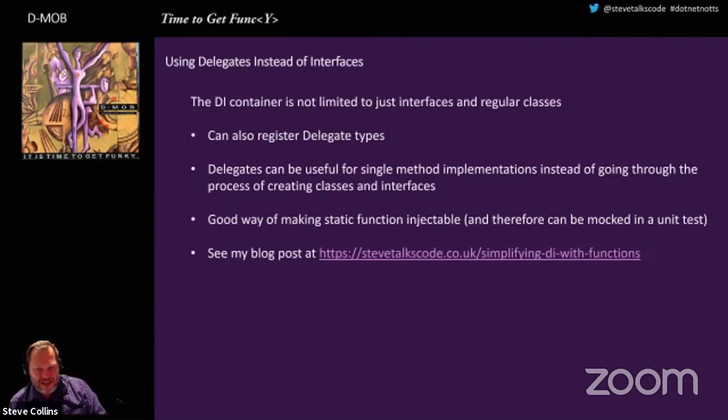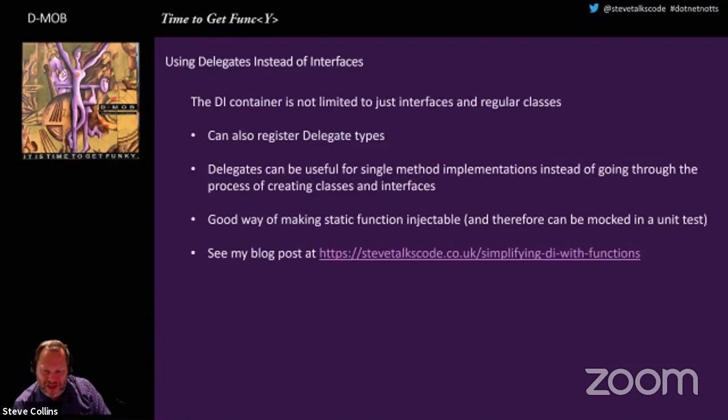But the custom delegate type, where you go and create a delegate with a name and define a function or action signature to it, you can register one of those. Now that opens up an awful lot of opportunities, and I would dearly love to talk about it.